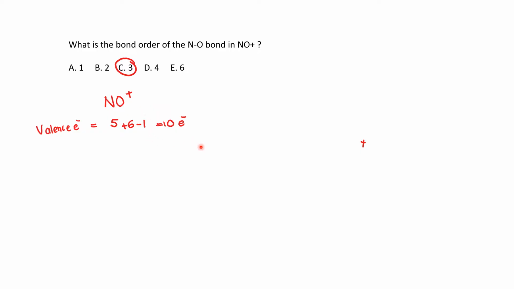That means we have 10 valence electrons. To be a molecule, you have to have at least 1 bond. So we make 1 bond first, and then we count the valence electrons of nitrogen and oxygen. Nitrogen has 4 valence electrons and oxygen has 8.